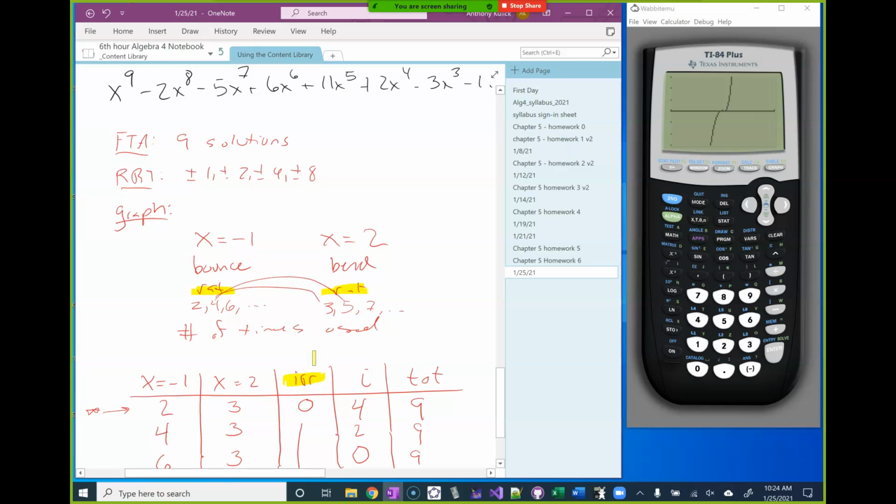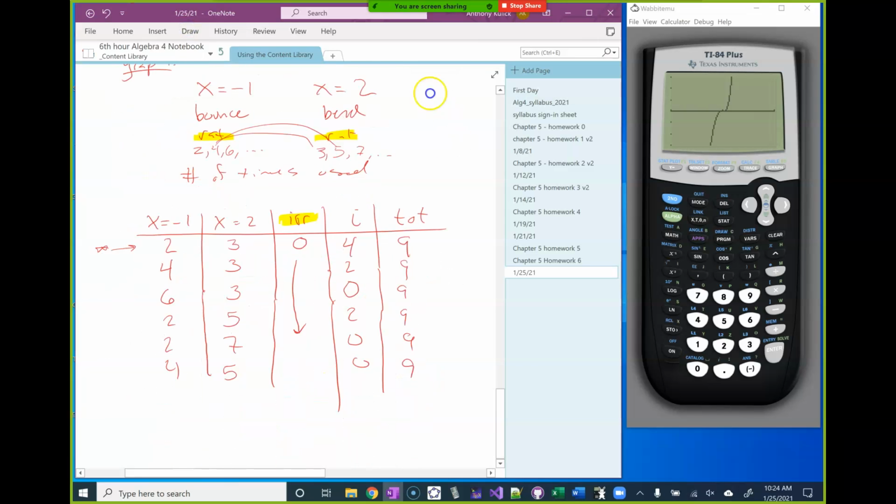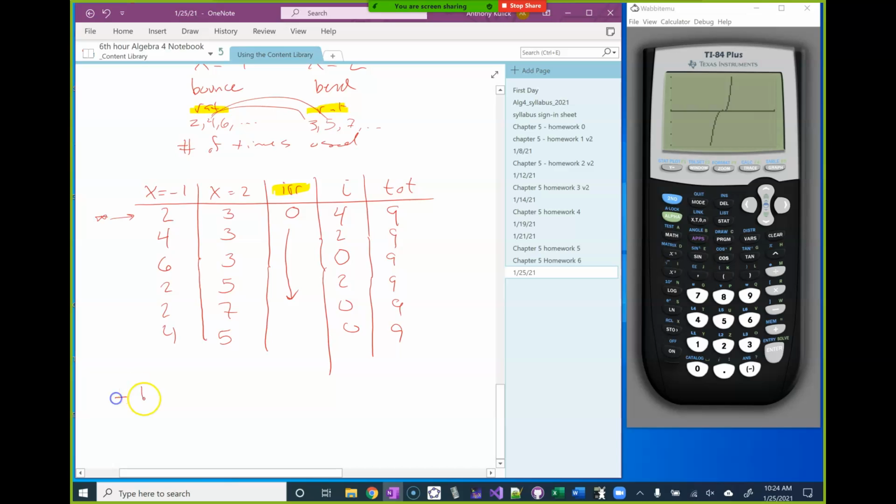Okay. So let's start doing our synthetic division. So I'm just going to pick one of these to start with. It doesn't matter which one. So I'm going to start with the -1.